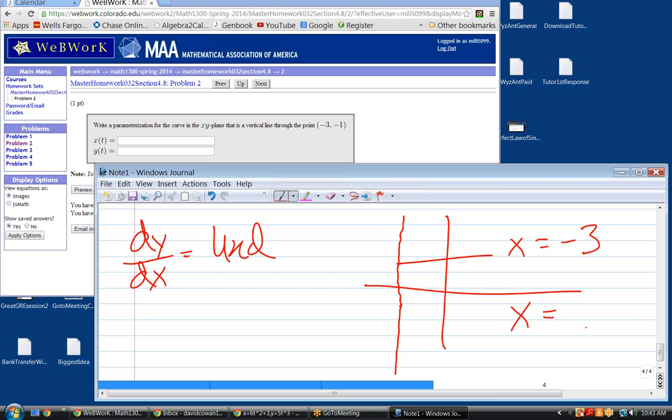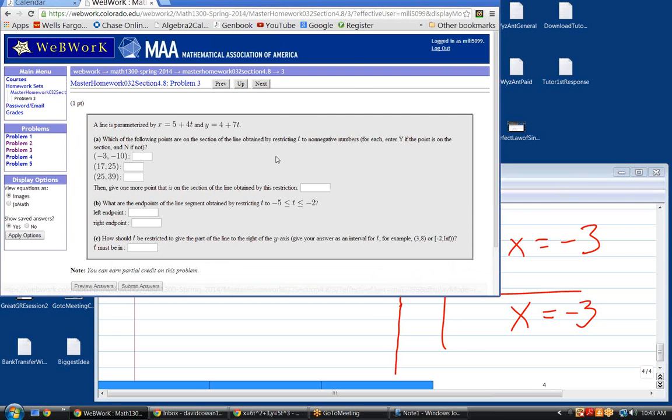X would be a function of t. So x is always going to be -3. Sorry, Michael, I don't know how to do this one either. It's okay. Should we look at problem 3? Maybe we'll find one I know how to do.